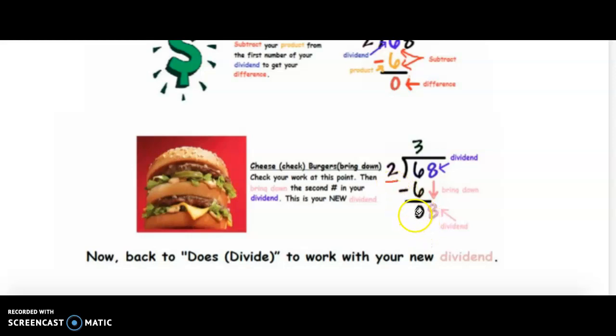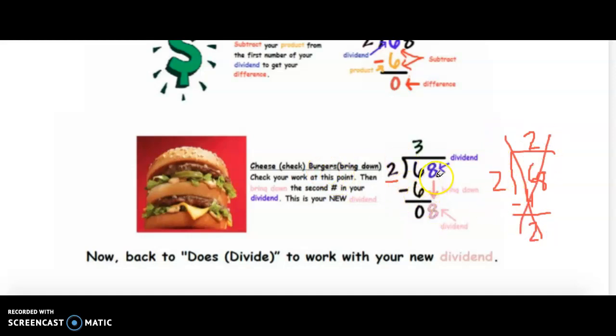If that was a 2 here or higher, then we did not do the right thing. So for example, for this one, they're doing 68 divided by 2. Say we thought a 2 went here instead of the 3 like they have, you would be doing 2 times 2 to get 4, and then subtract to get 2. Now these are equal to each other, which means you did not divide correctly. You can divide this down even more, okay? So that checking is really important to make sure you get an accurate answer.